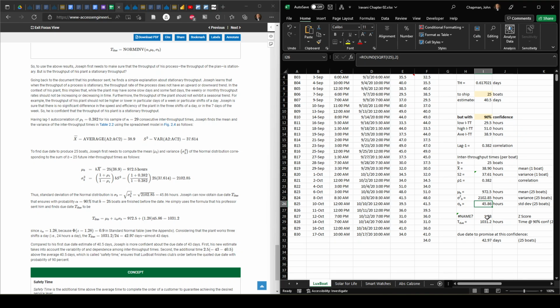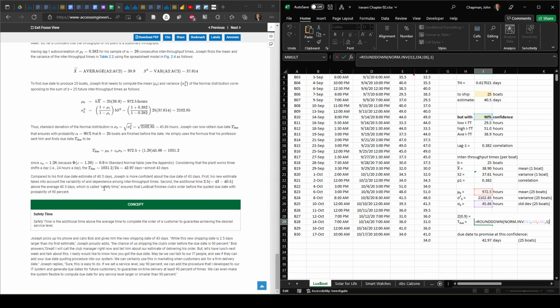And the final due date is going to be this. So we have a z-score here. A z-score at 90% is 1.28. And we incorporate that z-score into our calculations with a NORM.INV function.